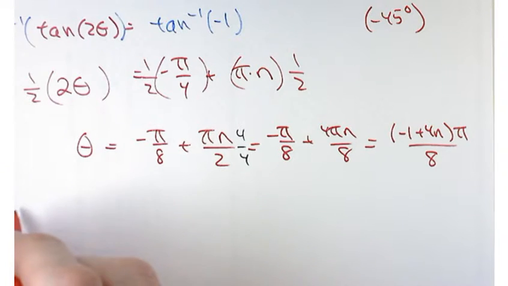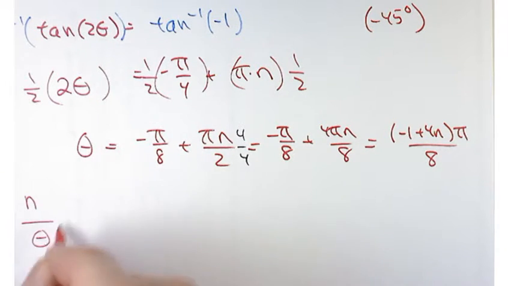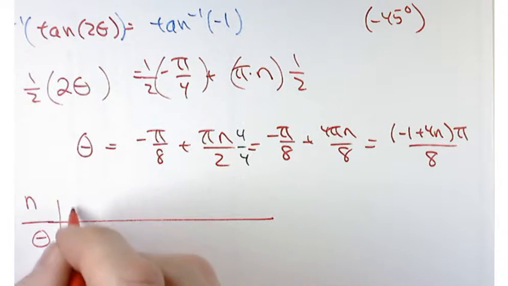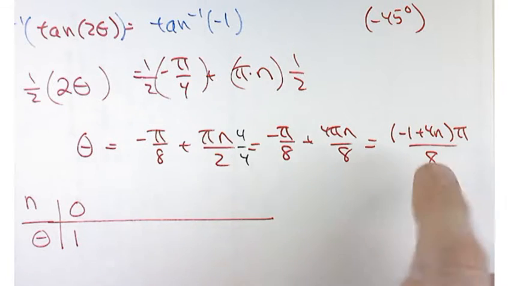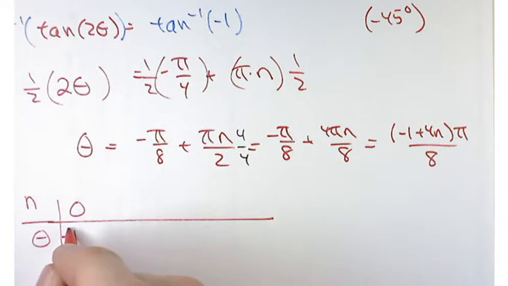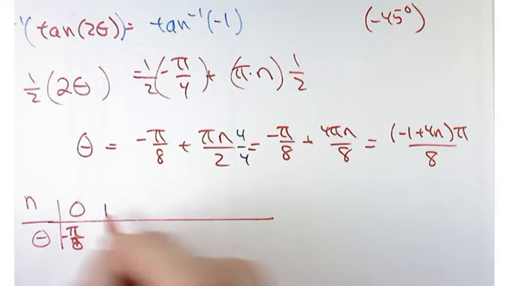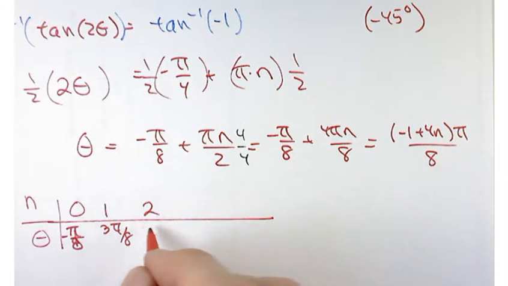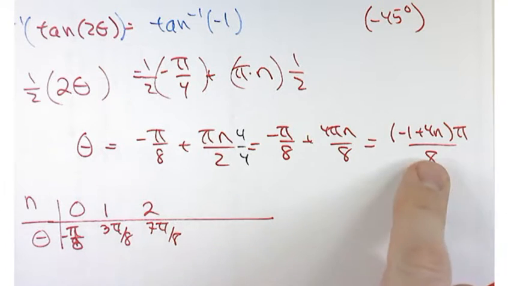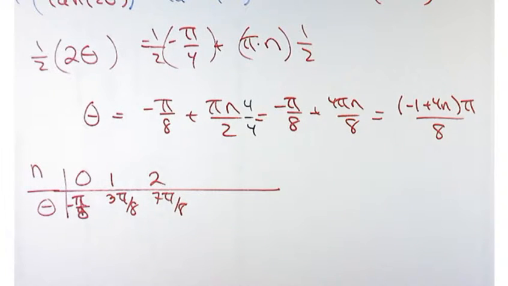So if I plug in values of n, I can get values of theta. 0 would be -1, negative pi over 8. 1 would be 3 pi over 8. 2 would be 7 pi over 8, etc. I can get as many as I want from here.